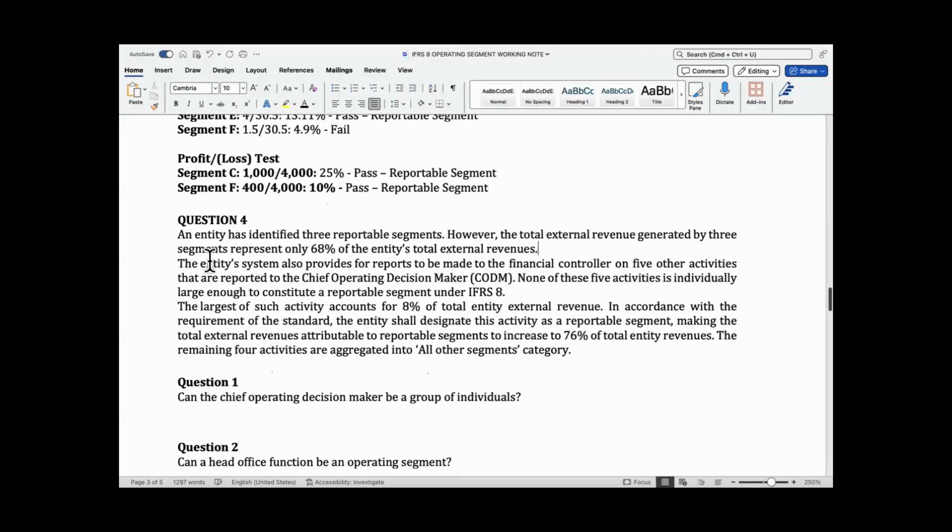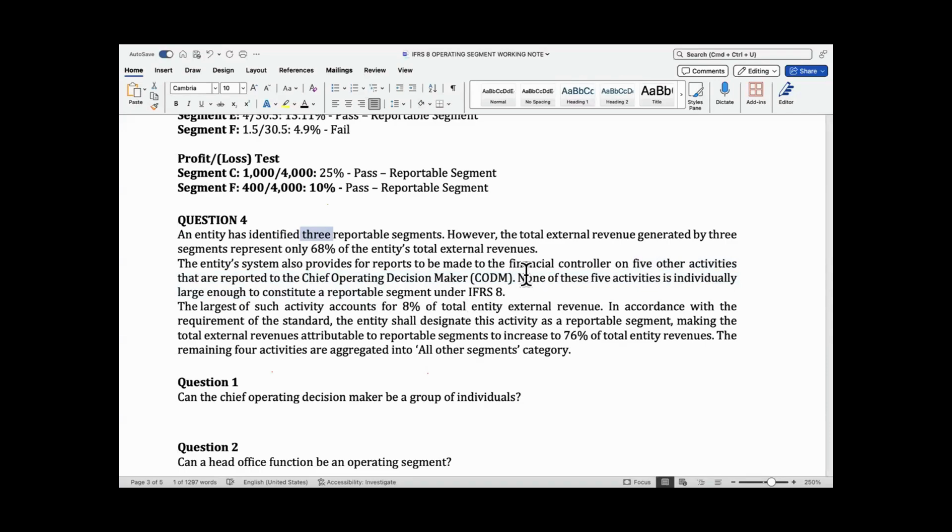So the entity system provides for reports to be made to the CODM on 5 other activities. That means, yes, we have identified 3 as reportable, but they have 5 operating segments. So they still have two that they can look out for.